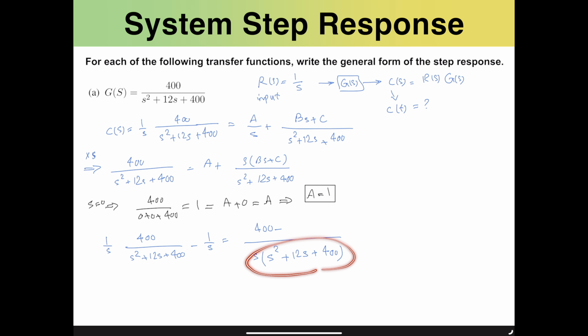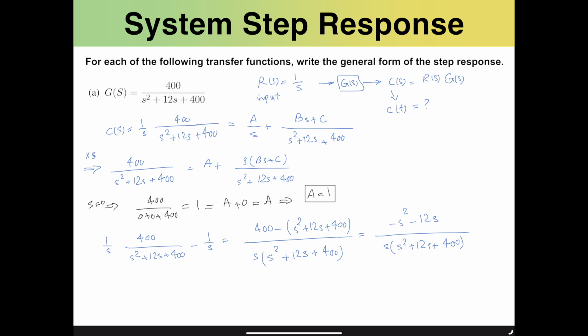Then if I divide this by s, I would be left with only this term multiplied by 1, which would appear in the numerator. So s squared plus 12s plus 400. If I simplify this, I get to the following equation: s times (s squared plus 12s plus 400), and I would have minus s squared minus 12s in the numerator.